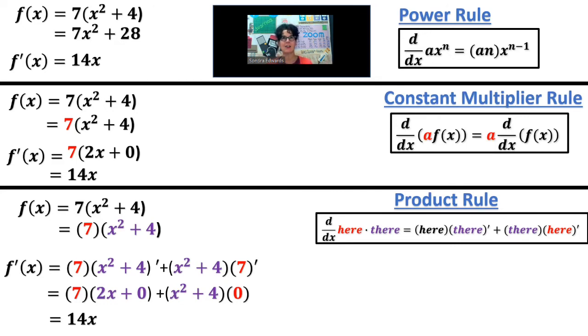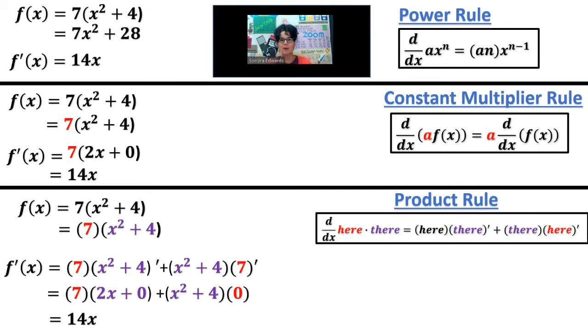Like we haven't taken the derivative of exponential functions like 2 to the x, or logarithms, or trig functions. When we get to those derivatives, then the product rule will become something that you have to use rather than something that is another way of doing it.